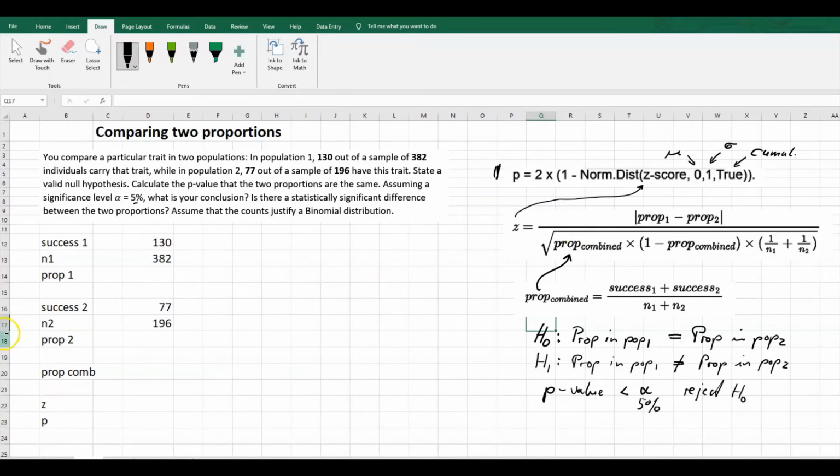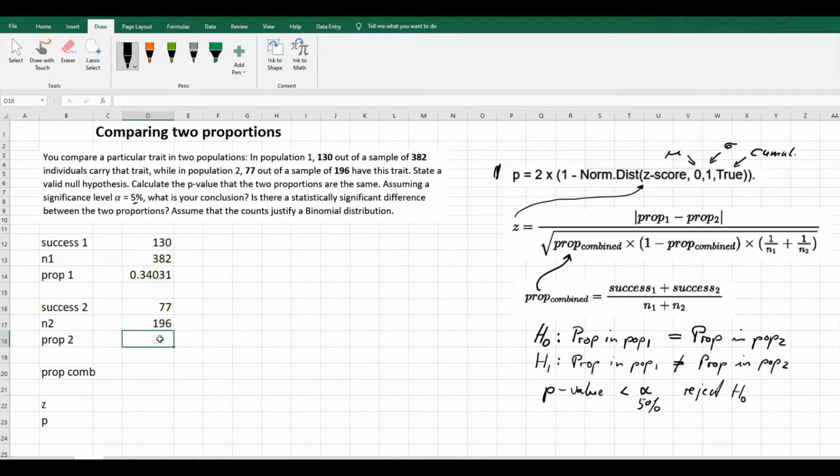So let's just try to make a start. Let's calculate the first proportion, and that is the success, the number of individuals with this particular trait in the total sample of this population. So this would be equals 130 divided by 382. So that's the first proportion. So 34% of the individuals in population 1 have this particular trait.